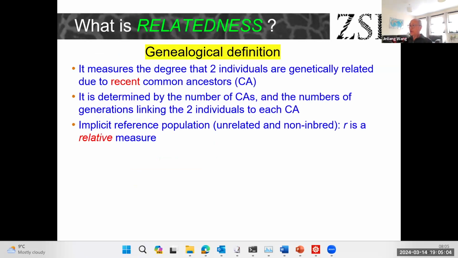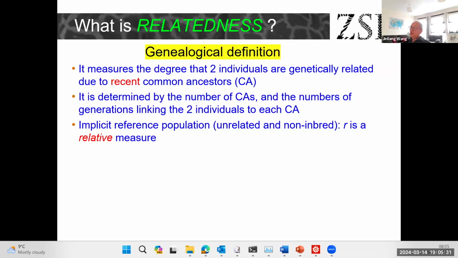So first, what is relatedness? What I'm talking about. From the genealogical point of view, genetic relatedness measures the degree that 2 individuals are genetically related due to recent common ancestors. So here, the most important thing is common ancestors.